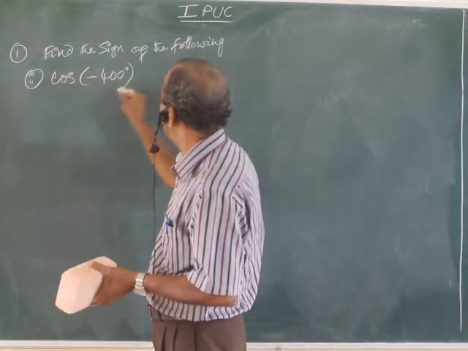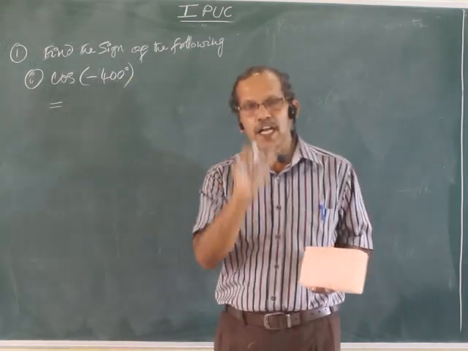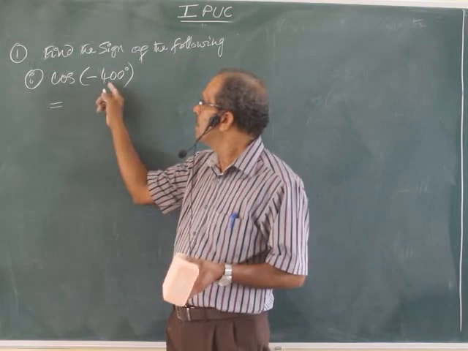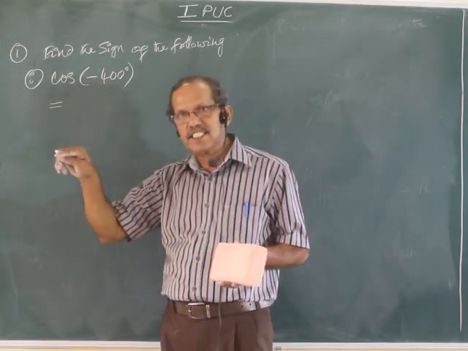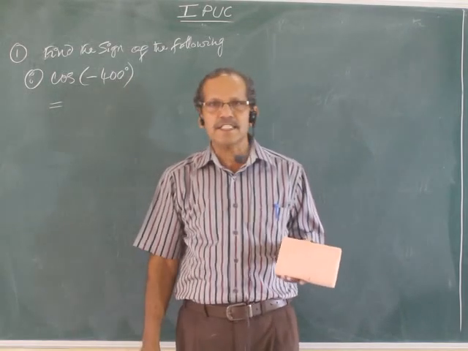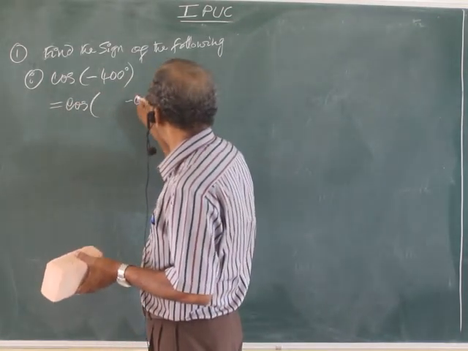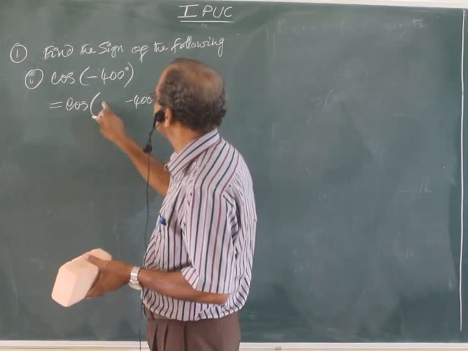We have written in the formula, you have to subtract the modulus of the angle from the nearest multiple of 360 greater than this, otherwise it is not possible. So here, don't subtract this 400 from 360.